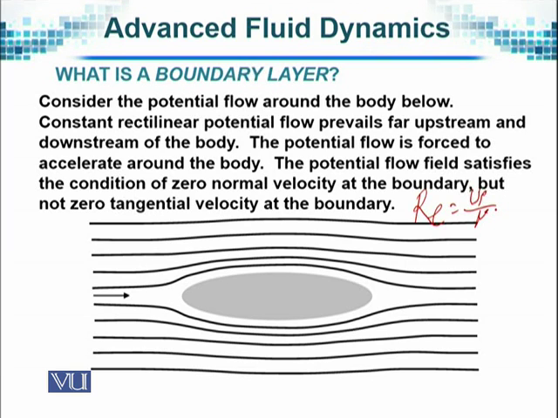Mu is the coefficient of viscosity, rho is the density, and so in a way this is a ratio. Reynolds number is the ratio of momentum forces and viscous forces. It's a non-dimensional number, as we have discussed earlier.